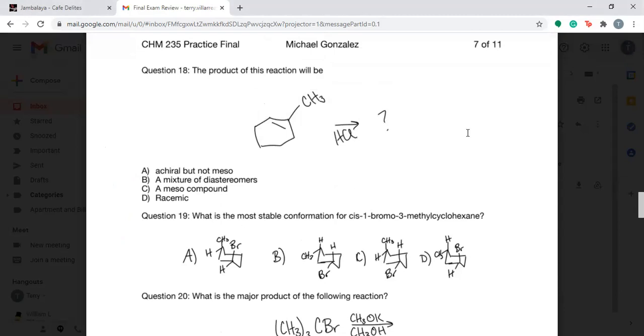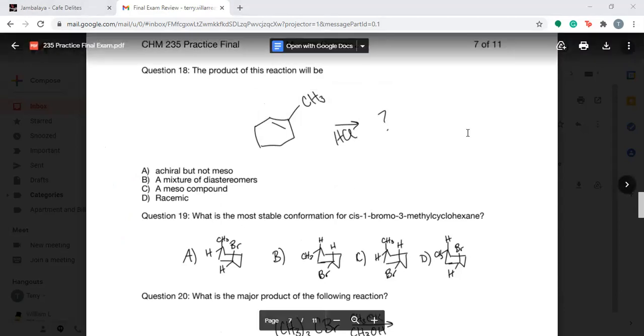Okay. What is the most stable conformation for cis-1-bromo-3-methylcyclohexane? A, B, C, or D? I was just going to ask you guys, can you eliminate any answer right off the bat?